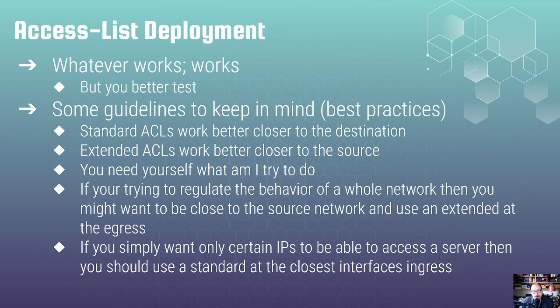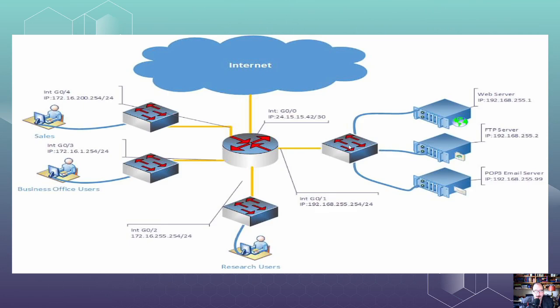Okay, some guidelines to keep in mind. Best practices: standard access lists work better closer to the destination, obviously, because it only has source as a thing you can apply. Let's go back to this picture.